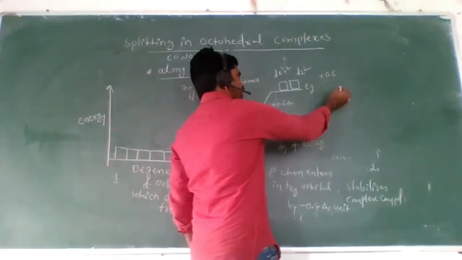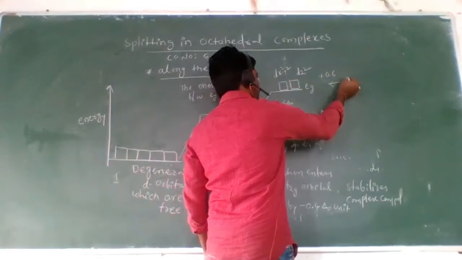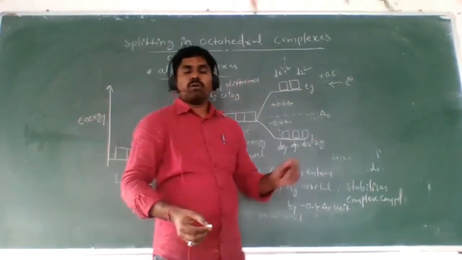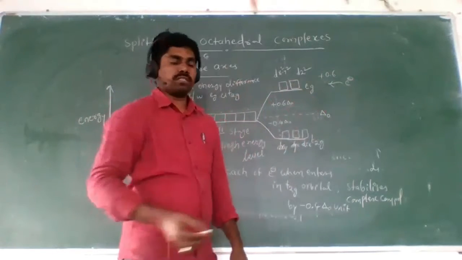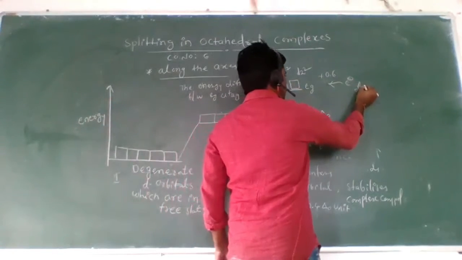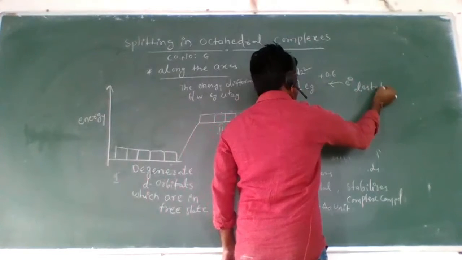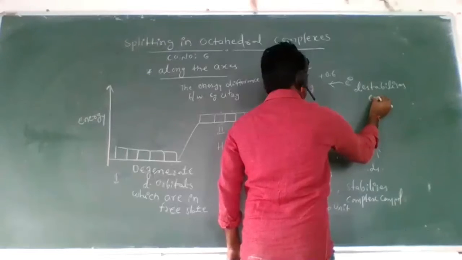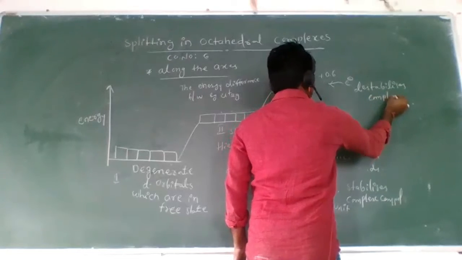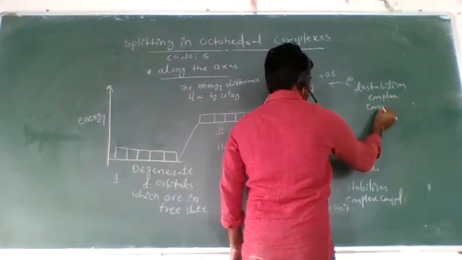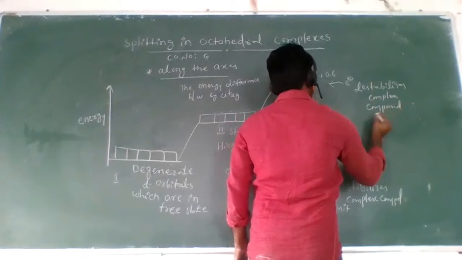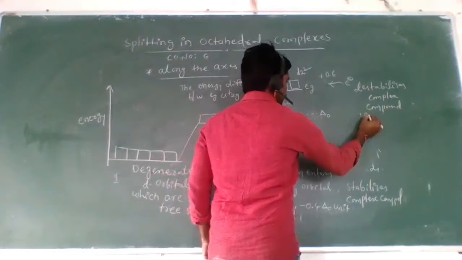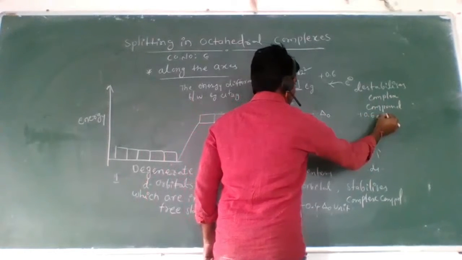When each electron enters the Eg orbital, that destabilizes the complex compound by 0.6 delta naught units.